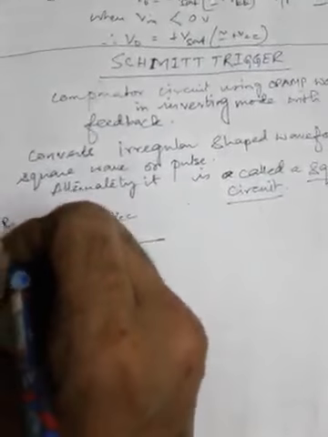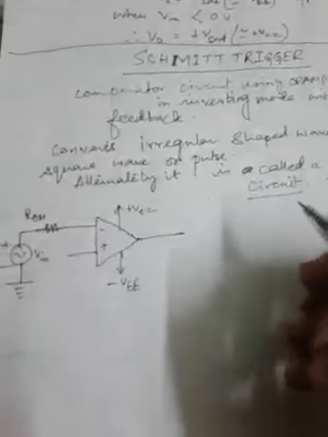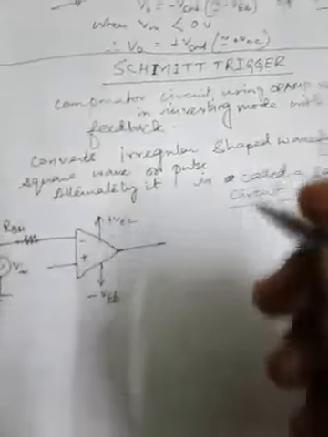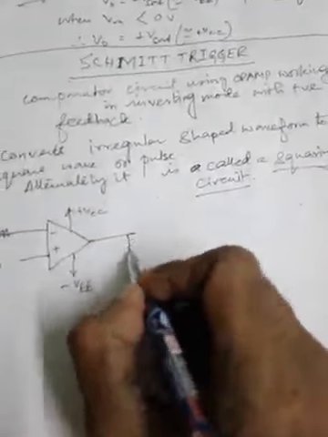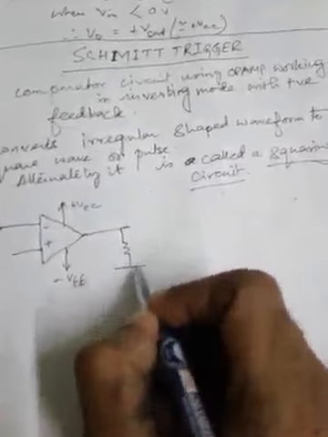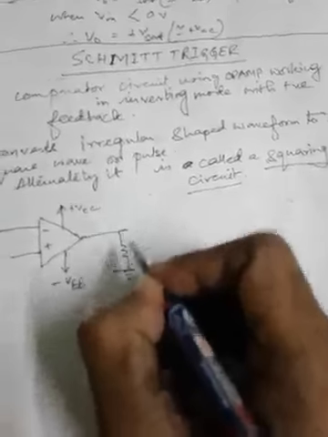The resistance is the offset minimizing resistance ROM. You already know that. And from the output, through a load resistance RL, output is measured as VO across RL.